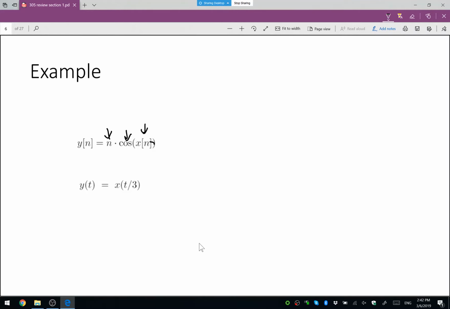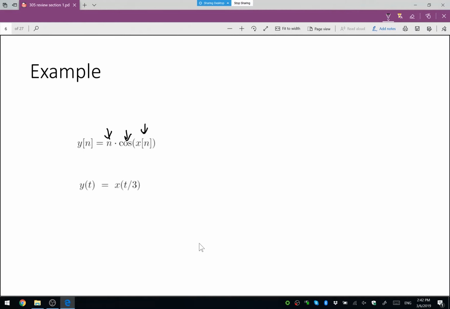So we can see that for this system, when we want to acquire y, the current output, the only thing we need is the current input. This is exactly the same as the condition says. So we see this is memoryless, and as you have just said, if the system is memoryless, then it is automatically causal.